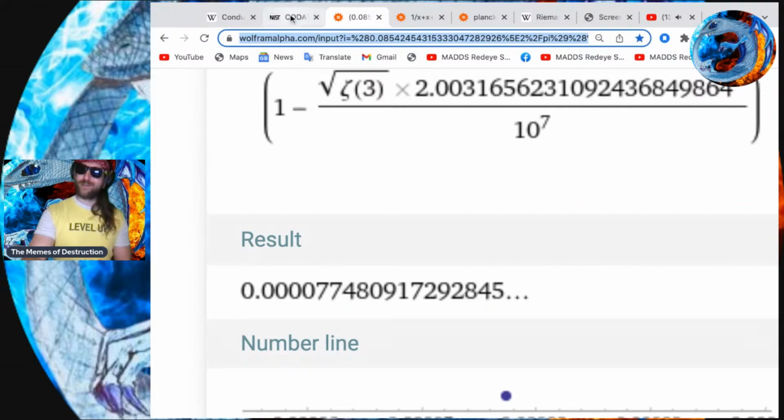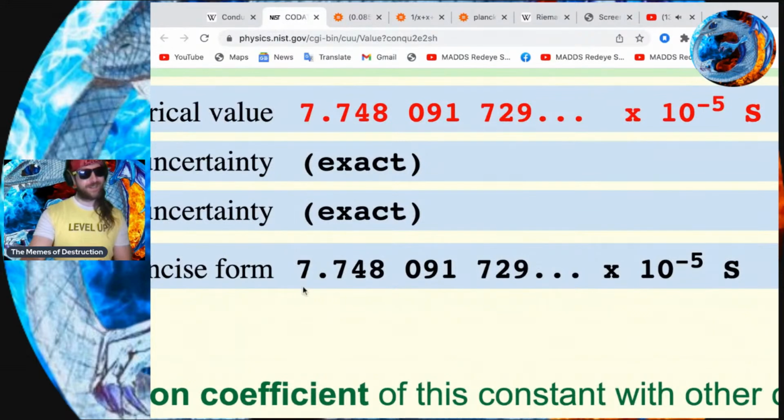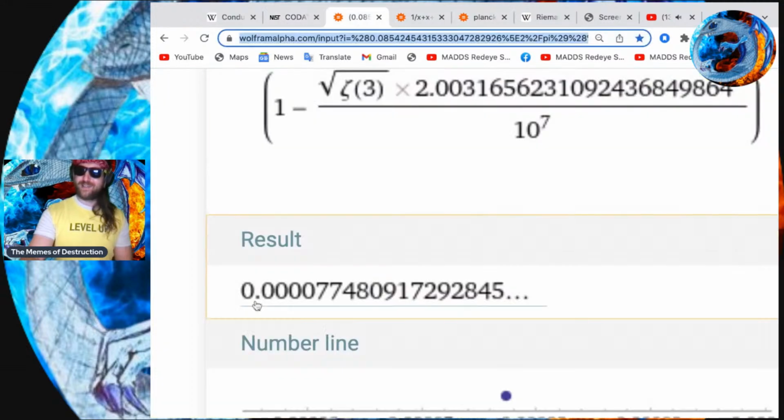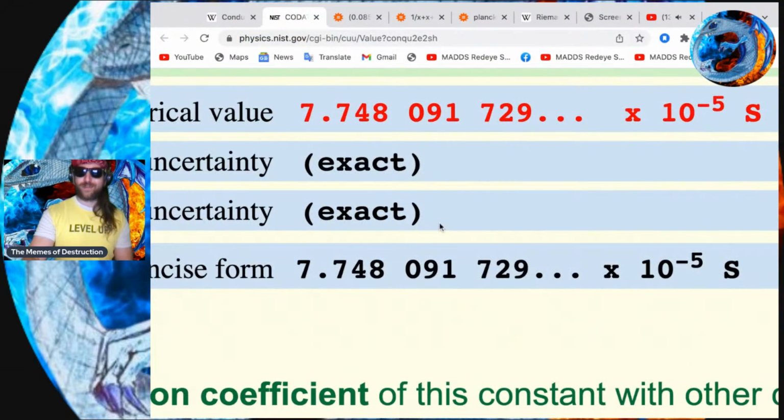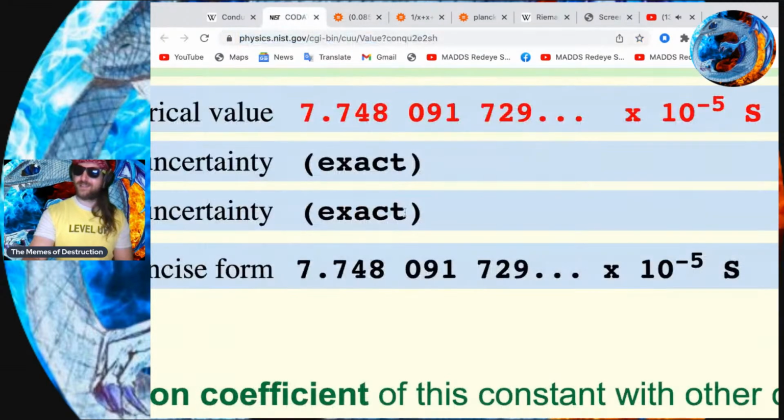So that will be our first number over here. What are we looking for in NIST? The number we're looking for is 7.748 091 729.